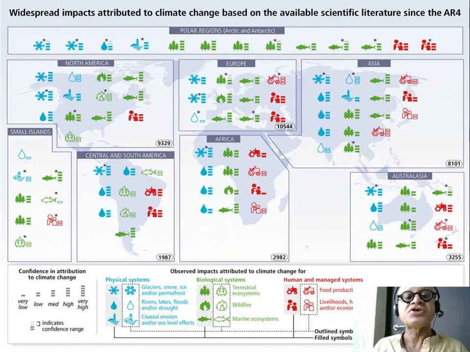So this is the story across every continent and every ocean. Okay, even including the small islands. Island states, right, in the Atlantic, in the Pacific, and in the Indian Ocean, especially those in the Western Pacific.